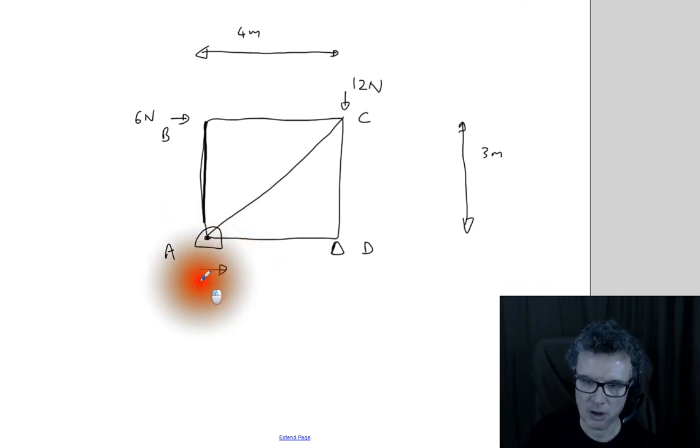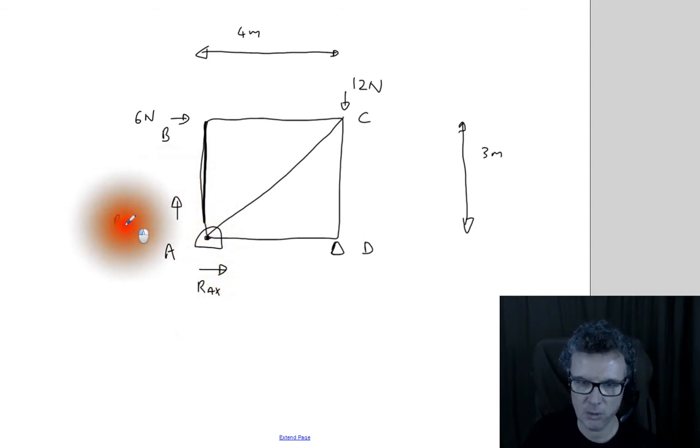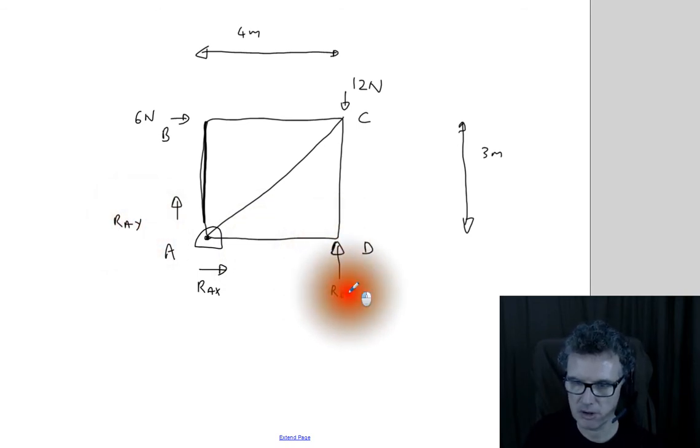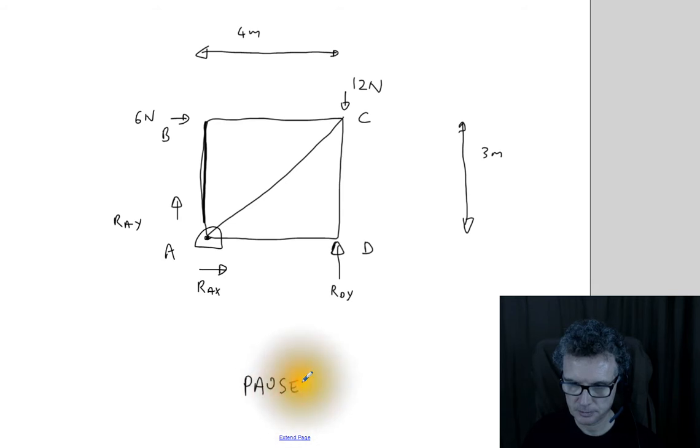So find out what RAX is, and find out what RAY is, and find out what this reaction here is. So that's going to be RDY. So pause and see if you can work out those values.